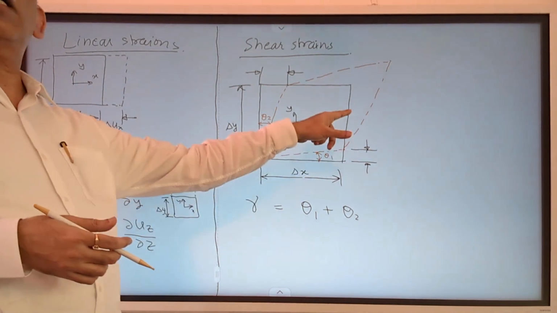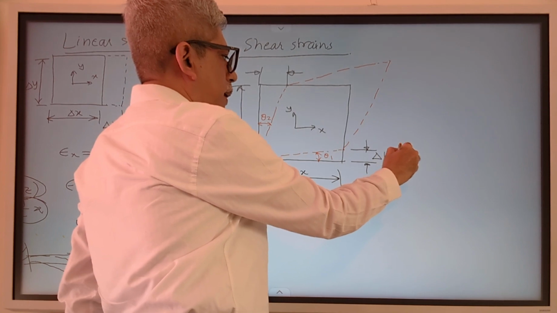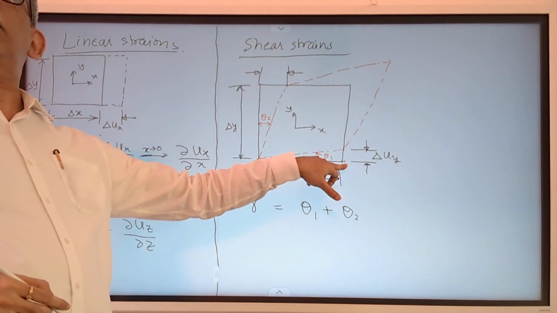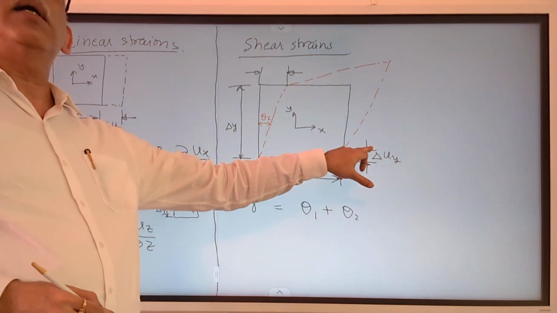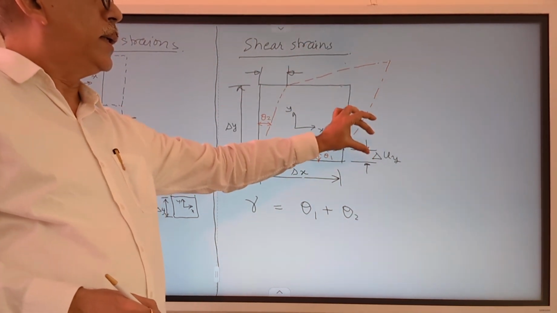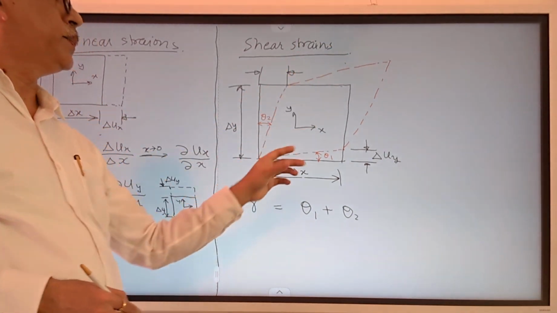So let's say that under the action of loading, this particular edge moves by a certain distance. This is the y direction, so I will call this the change in displacement in y direction. This edge, which was originally at, let's say, y equal to 0, gets lifted up by an amount delta uy. Similarly, the top edge also gets displaced by the same amount, delta uy.